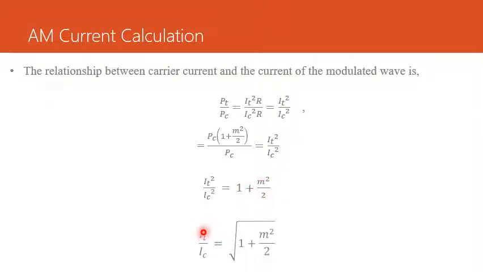So IT by IC is equal to root of 1 plus m square by 2. So the total transmitted current IT is equal to IC into root of 1 plus m square by 2, where IT is the total transmitted current, IC is the carrier current, and m is the modulation index or coefficient of modulation. m is equal to Em by Ec.